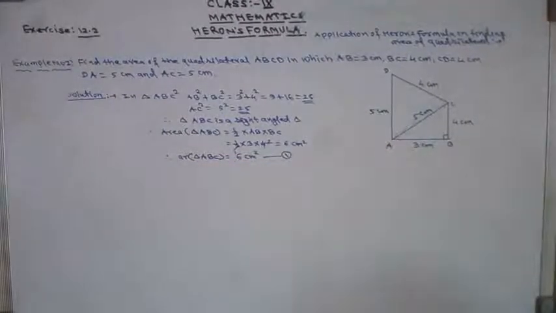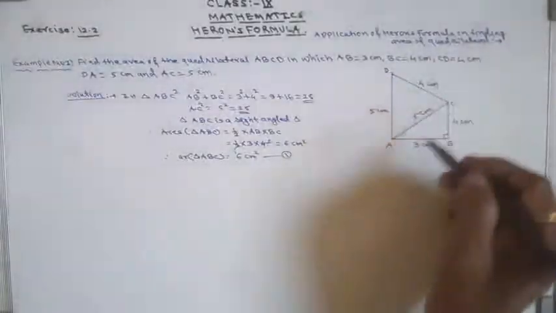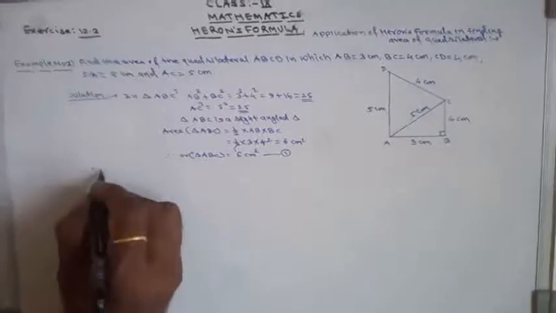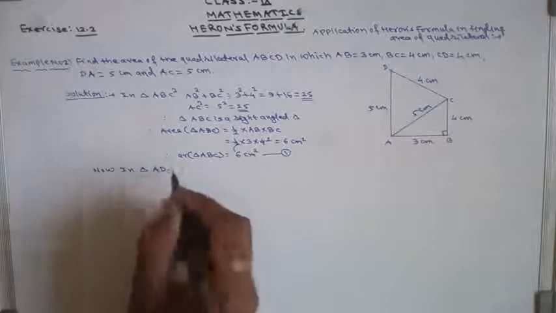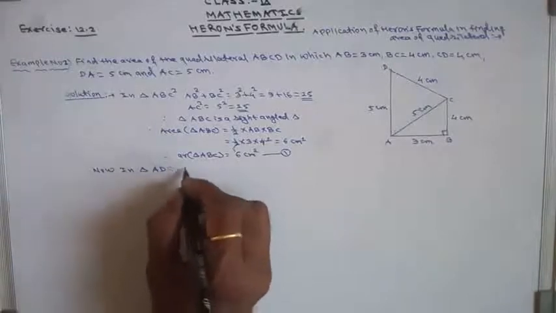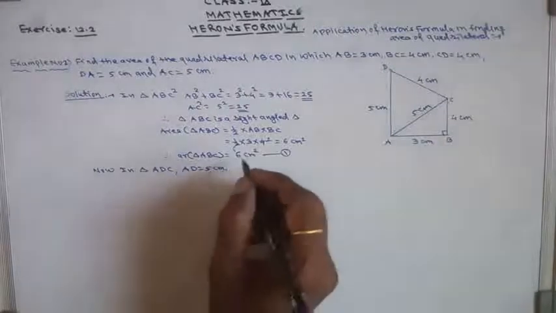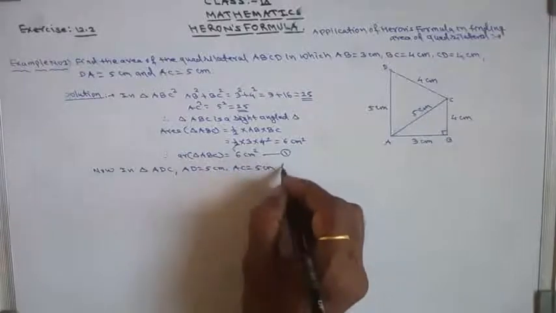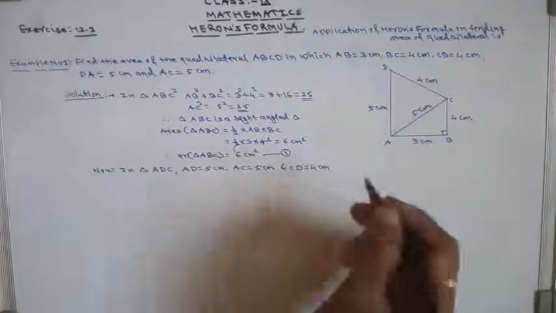So the area of the first triangle is known to us now. Now come to another triangle. Now apply Heron's formula here. Now in triangle ADC, AD is 5 centimeter, AC is also 5 centimeter, and CD is 4 centimeter.